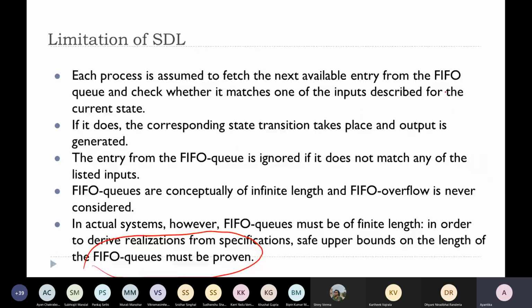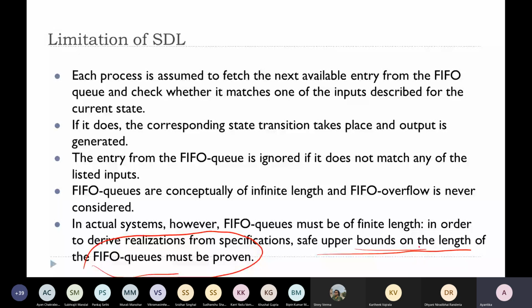That means how will we predict a safe upper bound on the length of FIFO queues? In an actual hardware system implementation, the FIFO should be of finite length, but it is difficult, and you should have very detailed prior knowledge of your system specification, of your design specification, to calculate this safe upper bound. Okay.